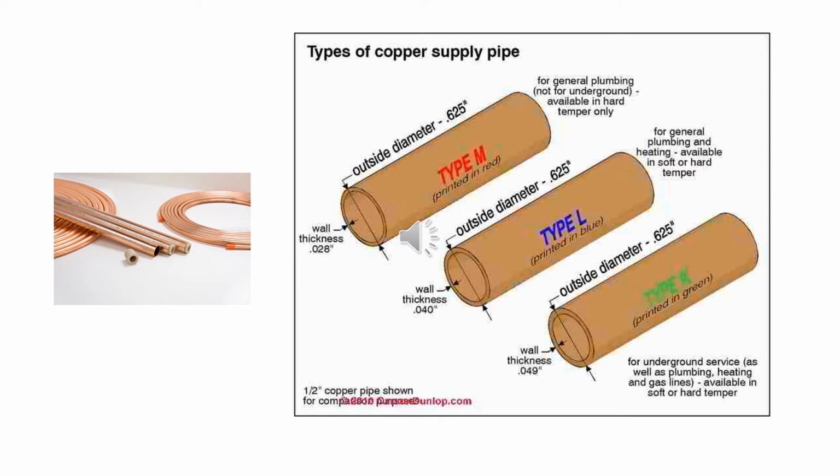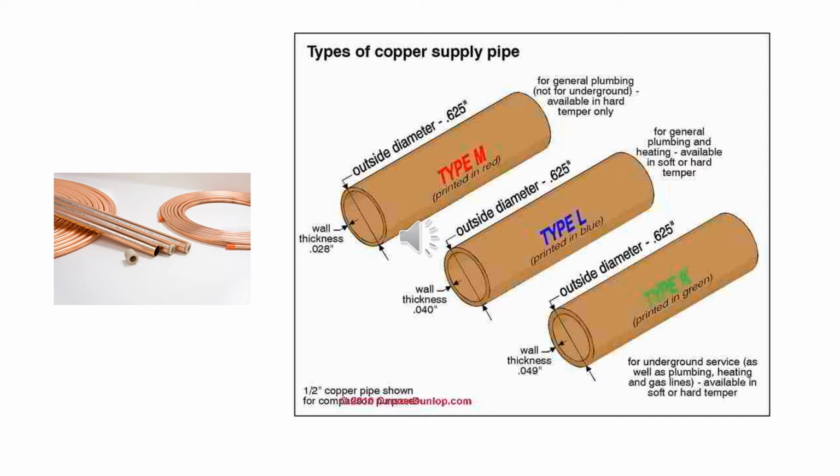When ordering copper tubing, you need to tell the supply house the type you want and the length you want. Hard-drawn pipe comes in 10-foot and 20-foot lengths. Soft copper tubing comes in rolls from 20-foot up to 100-foot.